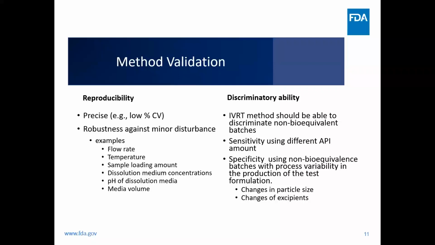Currently FDA does not have any guideline about the degree of changes. For example, for different API amounts, we often see plus or minus 20% or plus or minus 50% changes, but the changes should be reasonable in range.